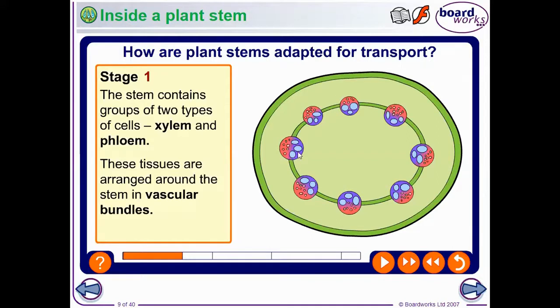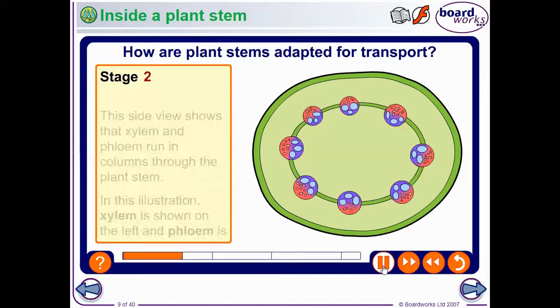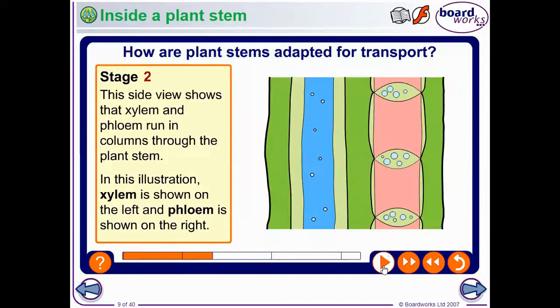Here, these blue dots represent our xylem tissue, and these smaller orange colored dots represent our phloem tissue. Our xylem tissue runs in a column through the plant stem as well as our phloem tissue. So we see that the xylem and the phloem are in close proximity to each other.